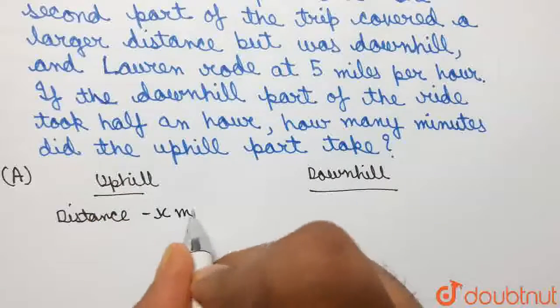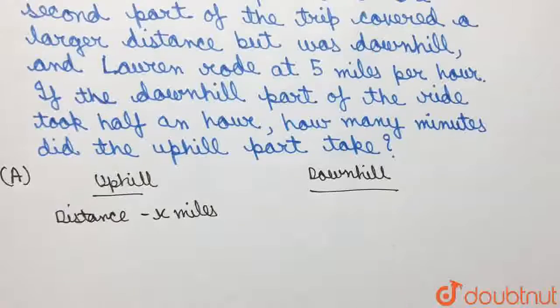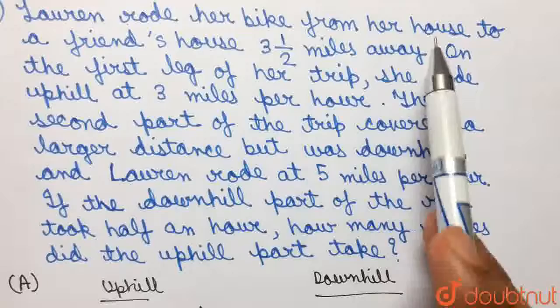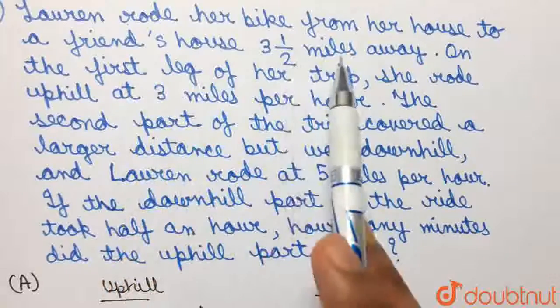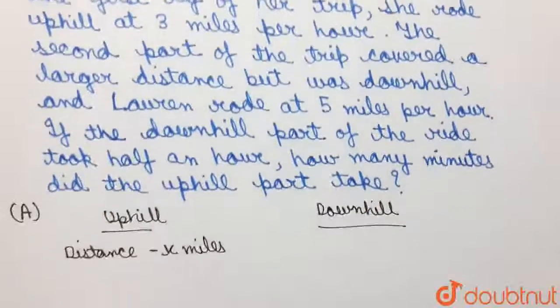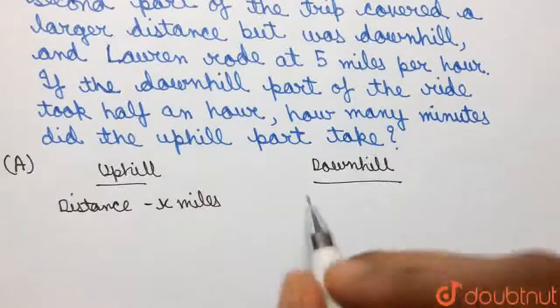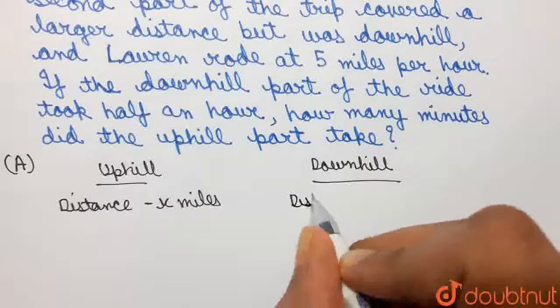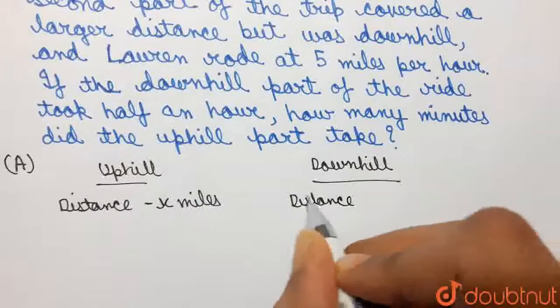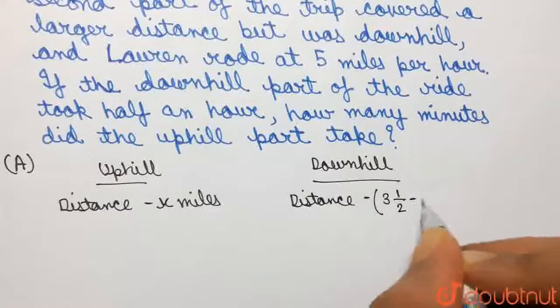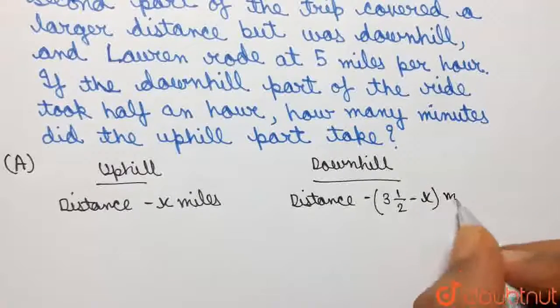Okay, x is an unknown. Now it has been said in the question that the total distance from her house to her friend's house was 3.5 miles. So if she rode x miles during the uphill part of her journey, during the downhill part of the journey, the distance she rode will be given as 3.5 minus x miles.